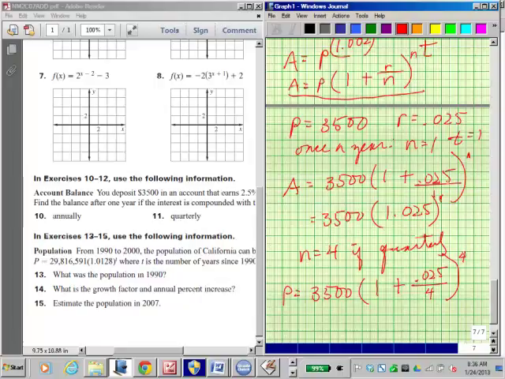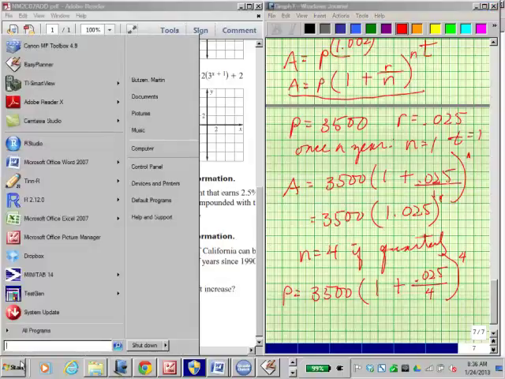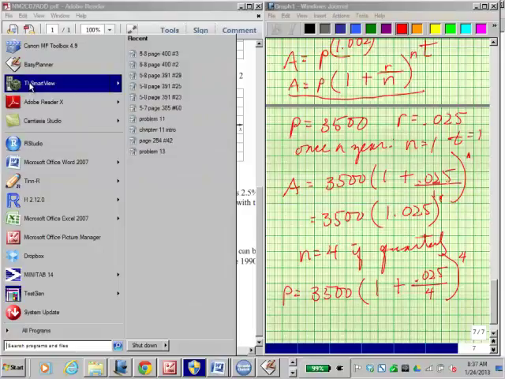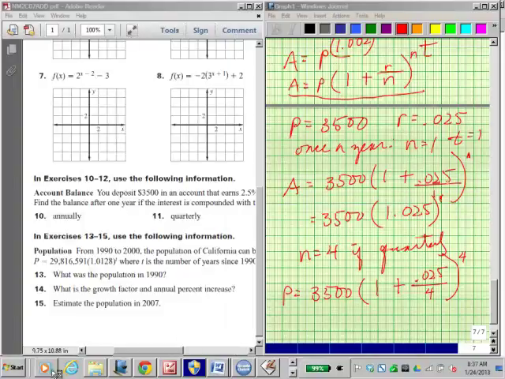In this case, it's just 1 year, so it's 4 times 1. I think you have a compound function in your calculator. I don't know if you have it or not. You can look. A lot of times you guys are way ahead of me.